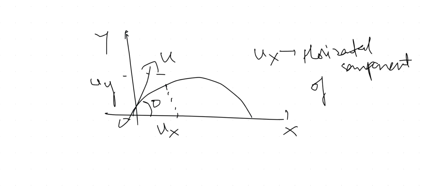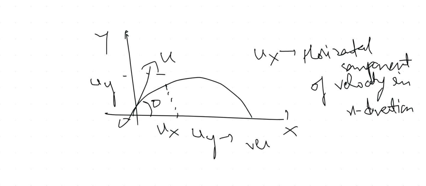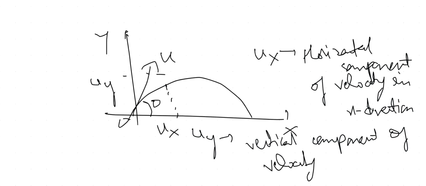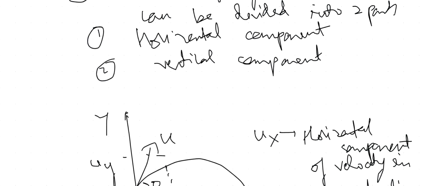What will be uy? Vertical component of velocity in the y direction. So from this you understand the velocity can be resolved into a horizontal component and a vertical component.